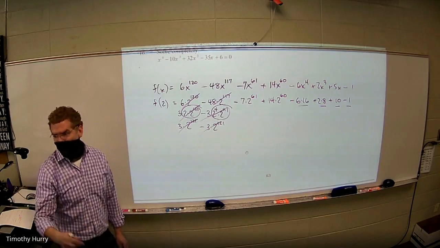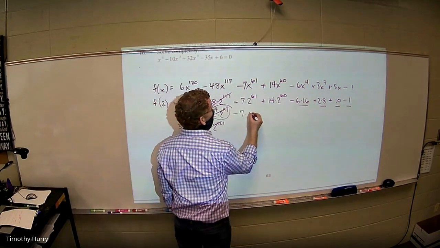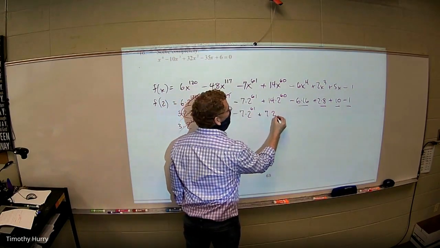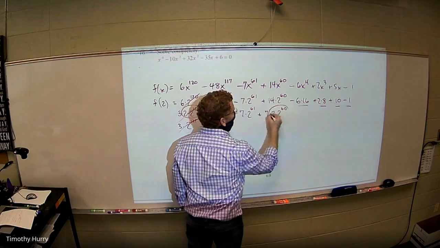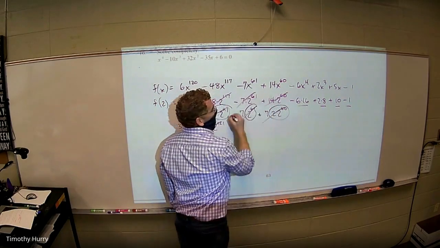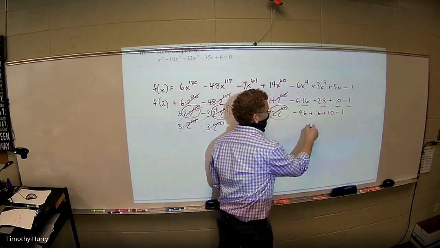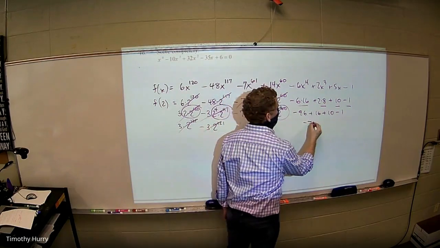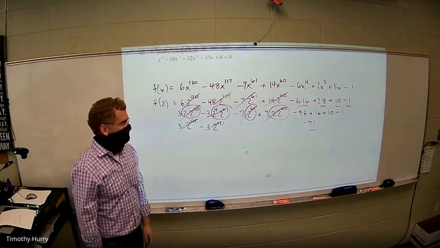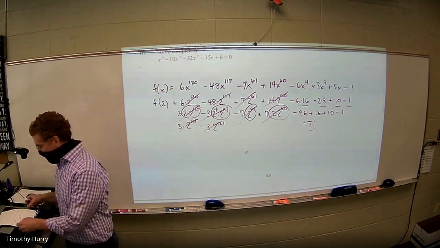That's a possibility. That kind of stuff happens. You see it again. I have 7 2 to the 61, and here I have 7 times 2 times 2 to the 60. Well, what's that? 2 to the 61. So a positive, negative, those are going to cancel. And then I've got negative 96 plus 16 plus 10 minus 1. That I can handle, right? You with me? Think about little outside the box stuff like that.